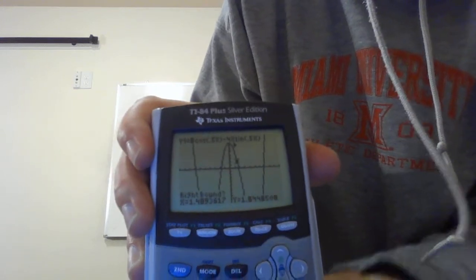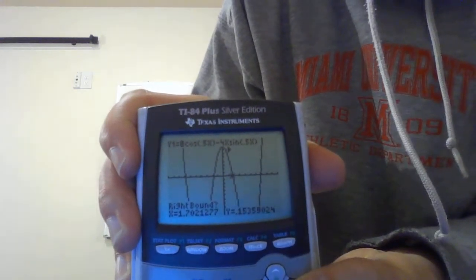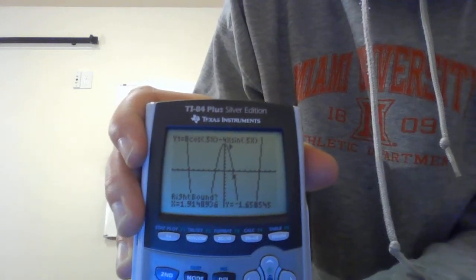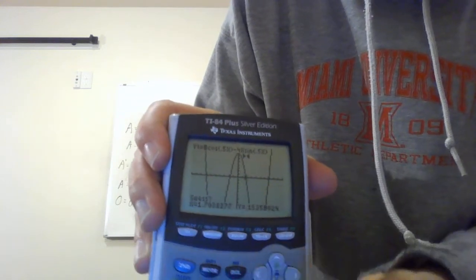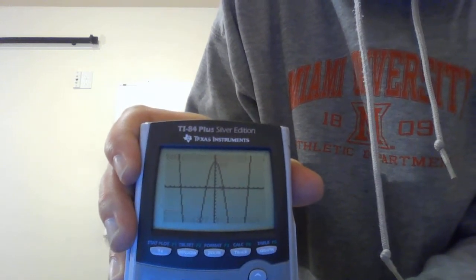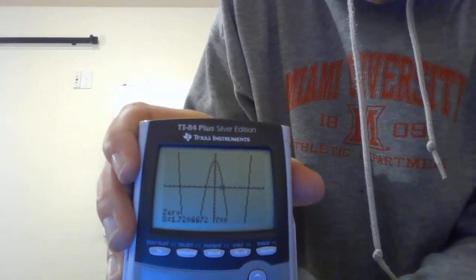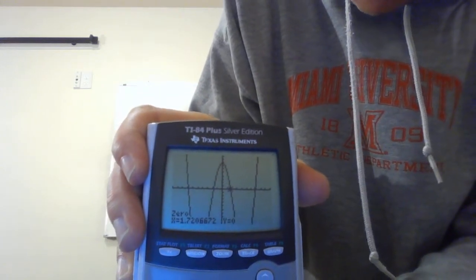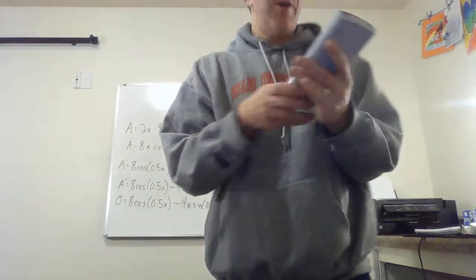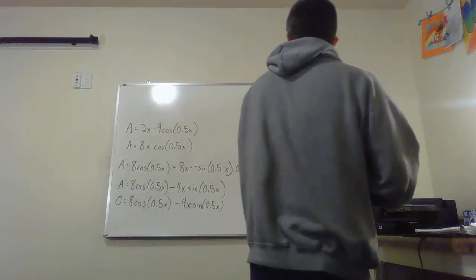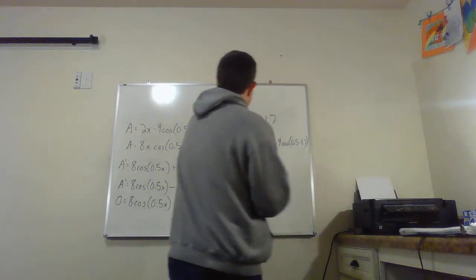I hit enter. And then it wants a right bound, so I take it down just a little bit to the right-hand side and hit enter. Then it wants a guess, so I get it as close to that 0 as I can. I hit enter, and you can see then that the x value is about 1.7. So there we go. We get an x value of 1.7.